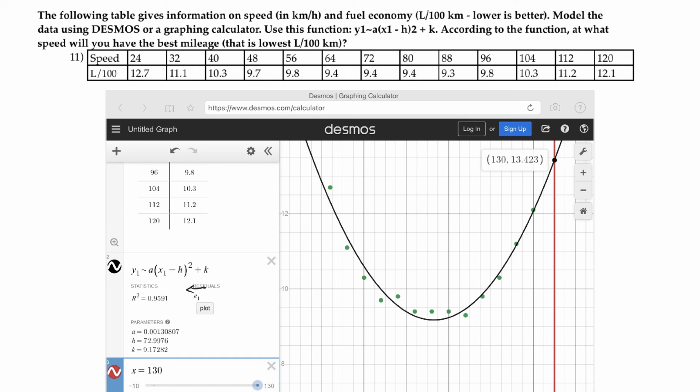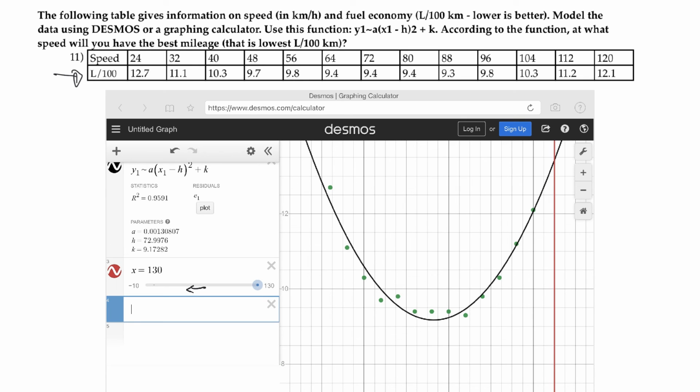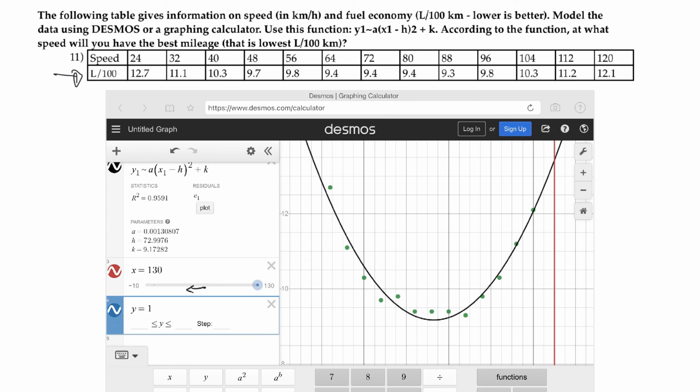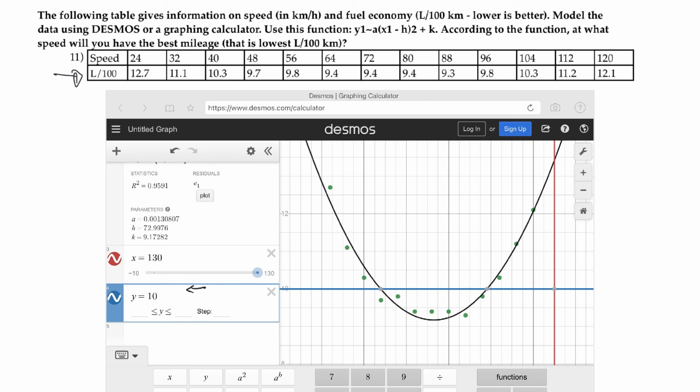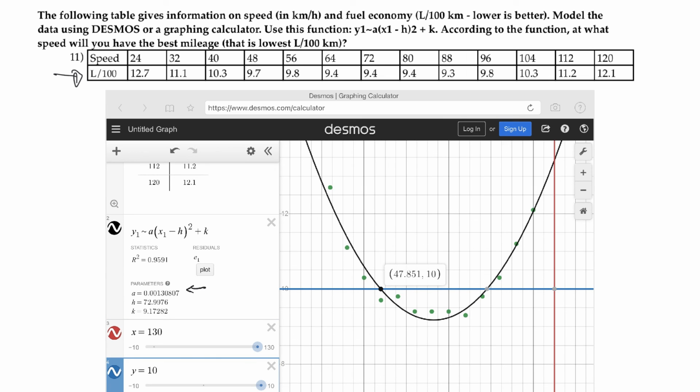at what speed would my mileage be 10? So in this case, I'm looking for a y value, a y value to be 10. So down here, I'm going to type y is equal to 10. There we go. So I have another line, and it crosses right there.